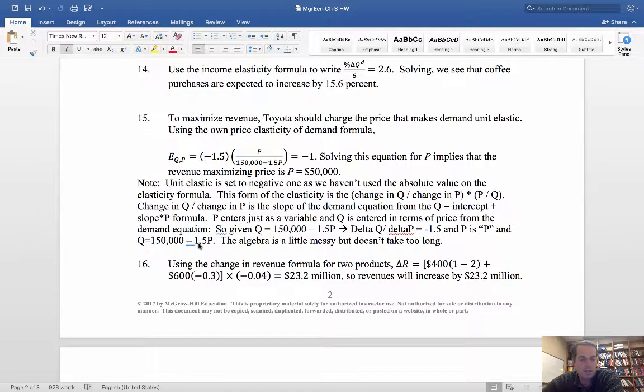That's going to be if price went up by 1, then quantity is going to go down by 1.5. Okay. And then the rest of the formula, so that was the deltas. Then this is price, which we just have as P. Quantity, we substitute in the demand curve in terms of price for that. So there's a bit of algebra, and you'll find going through that the price is 50,000.